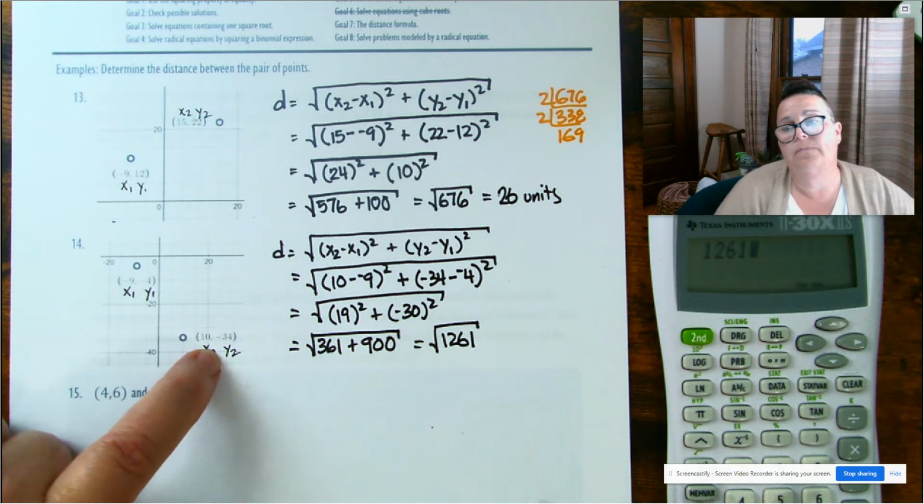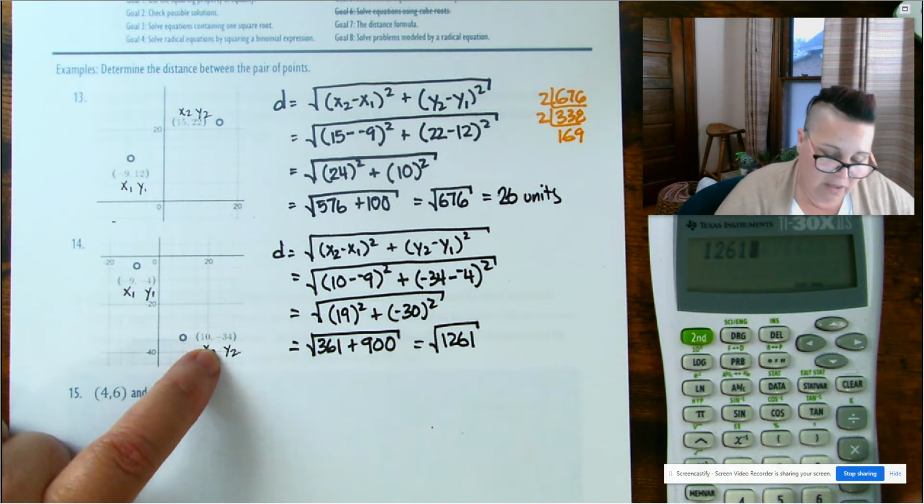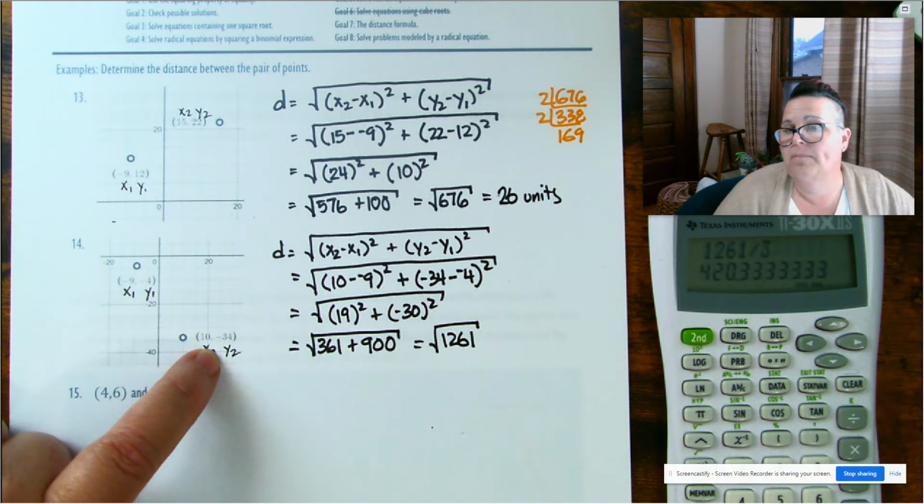It's not even, so nothing will be divisible by 2. I'm going to check 3. 3 did not work. So I can't pull a 3 out. I can't pull out a 4 because none of the evens will work. I can't pull out a 5 because it doesn't end in 5 or 0. 6 won't work because that's even.